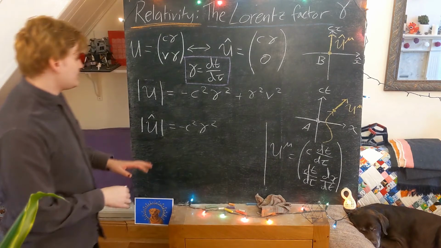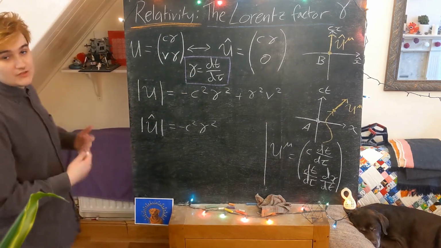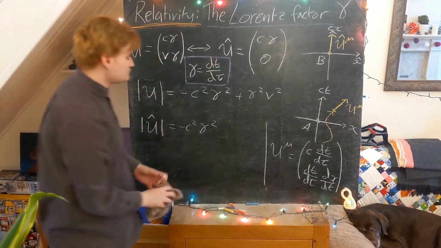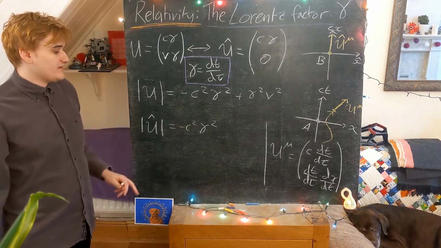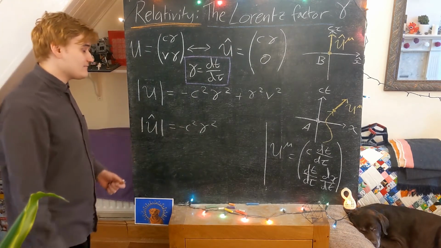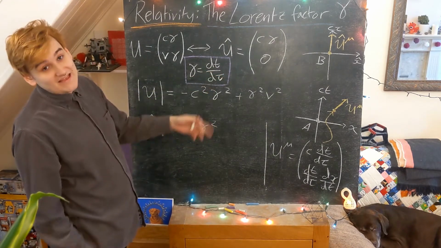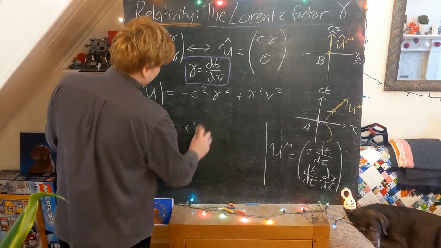But now let's use these expressions to maybe arrive at a slightly more useful expression for this gamma. So we said in our rest frame, we can already know what this gamma is going to be. Essentially, in our rest frame, this coordinate t is tau, so d tau by d tau is just going to be 1.